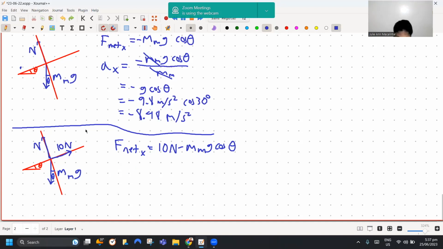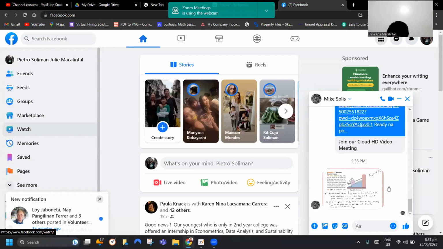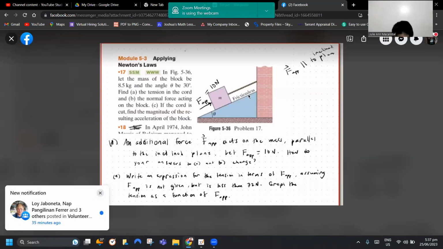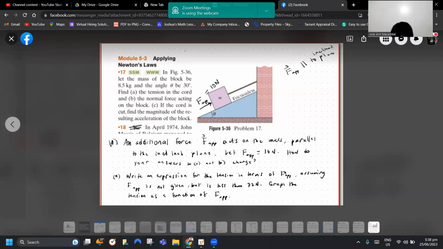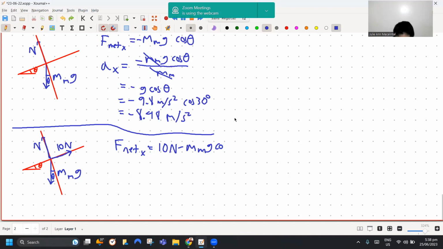Teka. Hindi pa pwede yan kasi remember, we still have the chord. So may chord. So hindi putol yung chord.